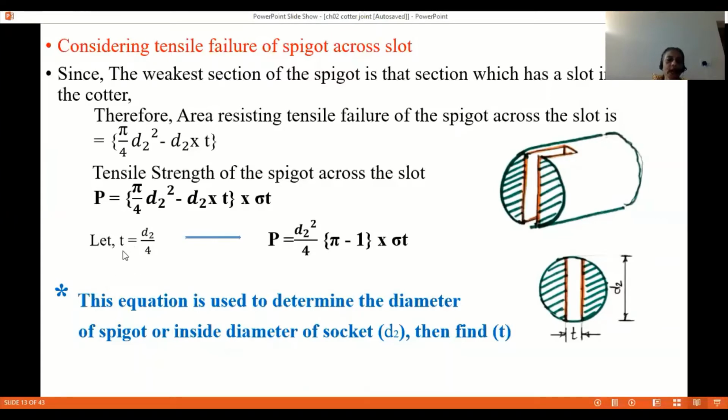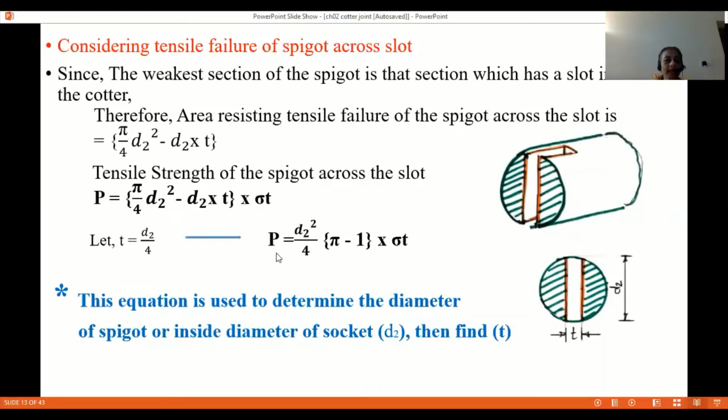Let us assume that the thickness of the cotter is d2 by 4. Substituting that value in this equation, our equation for P gets converted to P is equal to d2 square by 4 into bracket pi minus 1, into sigma t.